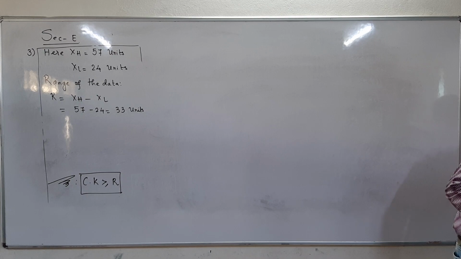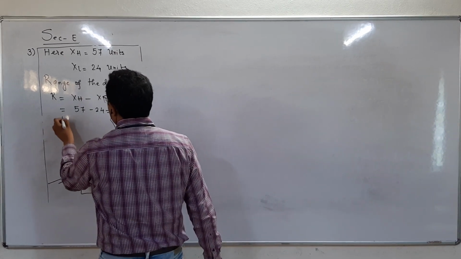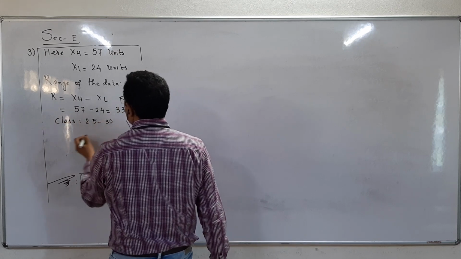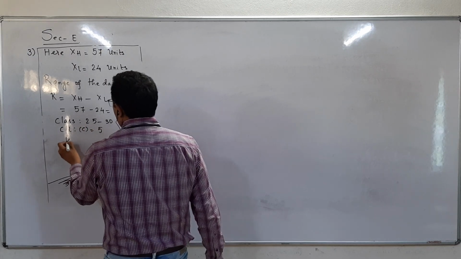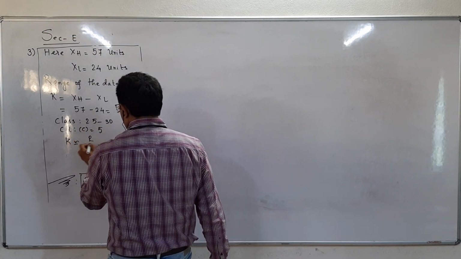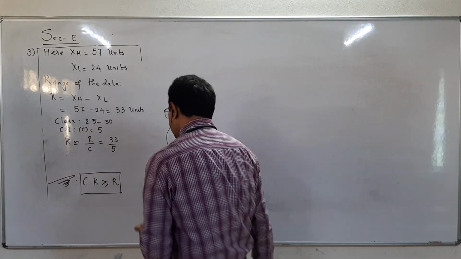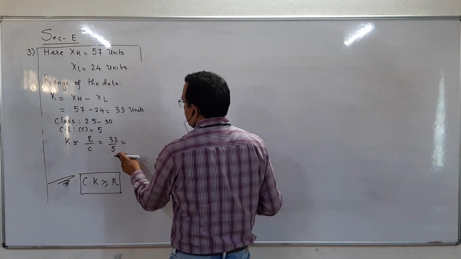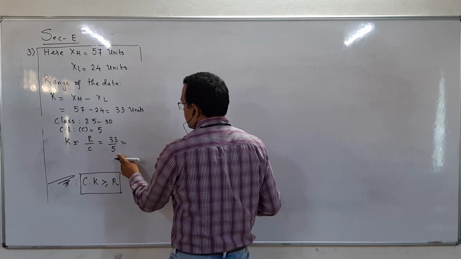Okay. Now 25 to 30 is one of the classes. A given class is 25 to 30, so class length C is equal to 5. Number of classes is approximately range divided by this class length, so approximately it is 6 point something.